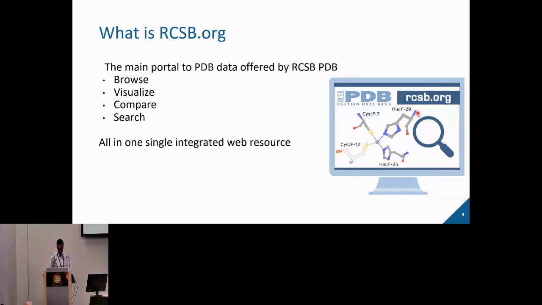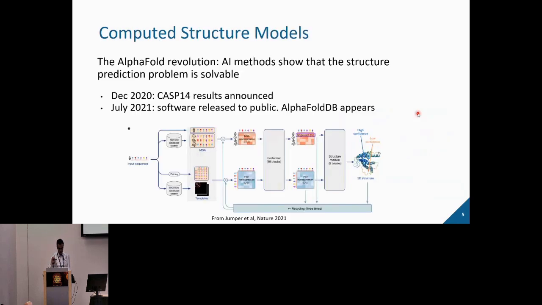And then I want to talk also about, of course, AlphaFold and the revolution that came with it. We call the predicted models from AlphaFold computed structure models. And well, we've heard a lot about it from John and from other people this morning. I like this phrase I heard at CASP from Nick Grishin.